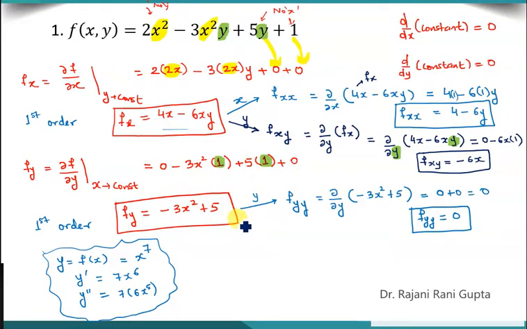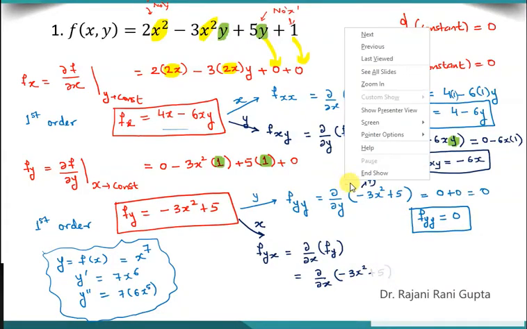Similarly, it is possible to differentiate it with respect to x as well. So in this case, we represent it by fyx. So we can represent it as derivative with respect to x of fy. It was fy here, derivative with respect to y of fy. So this is nothing but partial derivative with respect to x of fy, which is minus 3x square plus 5.